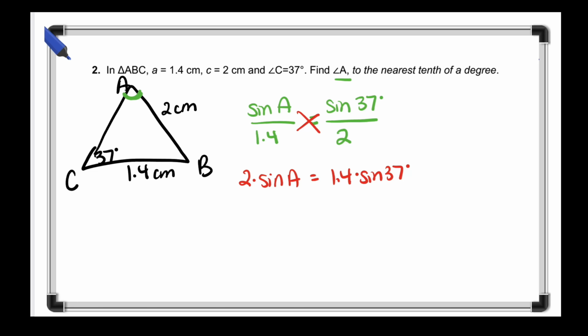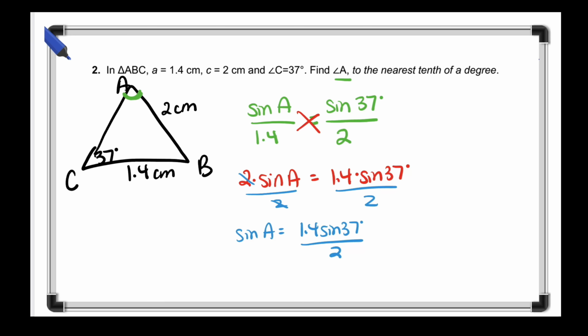We're going to go ahead and divide both sides by 2. So what we're going to do is see that the sine of angle A is equal to 1.4 sine of 37 over 2. Now, in order for us to find angle A, you're going to take the inverse sine.